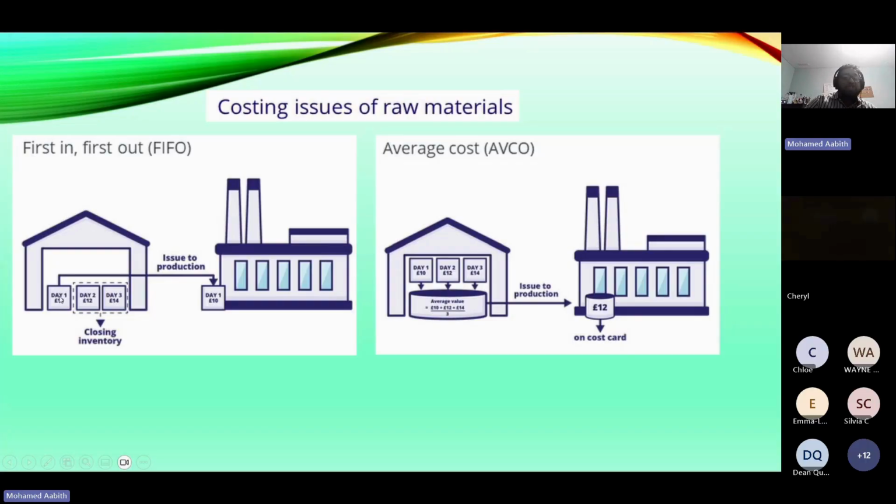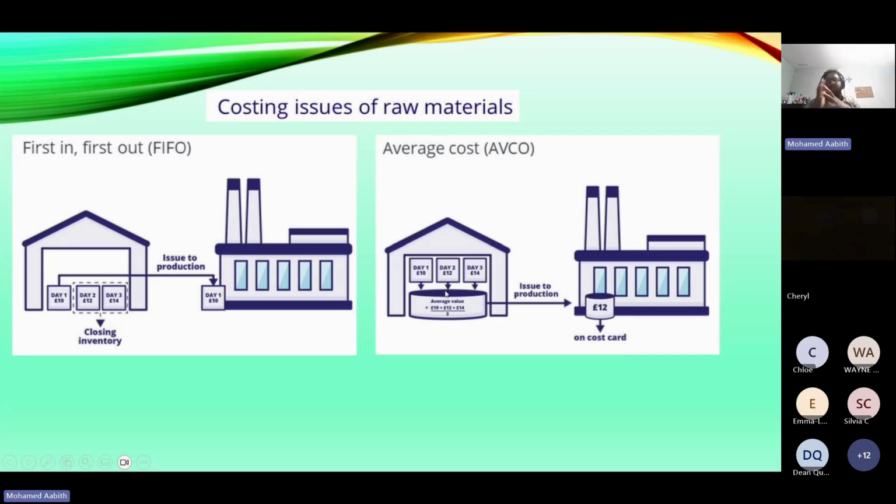So the older stock will be given to them. Can you see the prices are increasing, same as the price of petrol increasing every day here? I know, very sad to see that. But then again, when I issue that, what is that going to do? My closing inventory is going to have a higher value. If I'm going to do AVCO, on the other hand, we're going to put them all together in one big pile there.